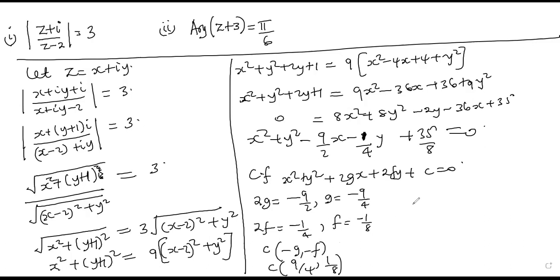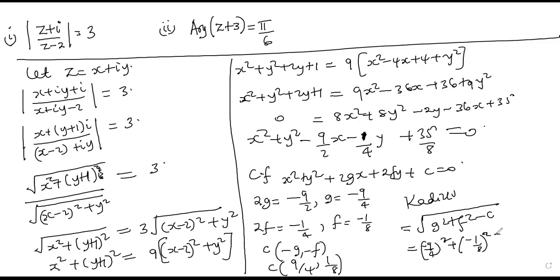Then for radius, it is equal to the square root of g squared plus f squared minus c. So it is going to be equal to the square root of negative 9 over 4 squared plus negative 1/8 squared, then minus c, which is 35 over 8.